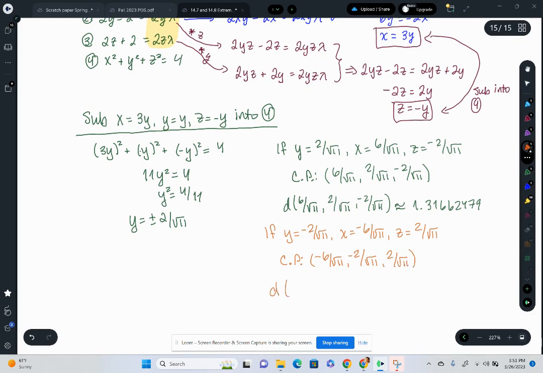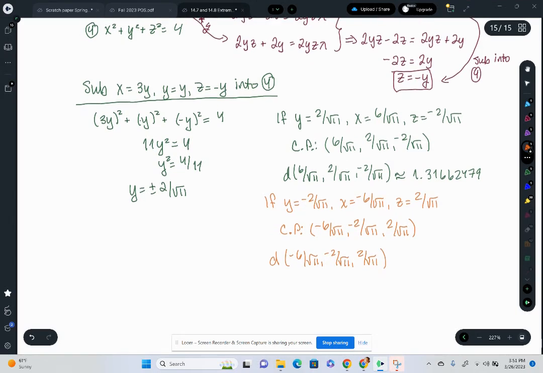And then the distance function evaluated at this point, I plugged it into my calculator because it's pretty ugly, but what it gives me is approximately 5.31662479.